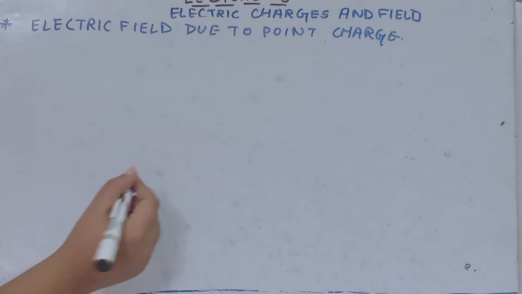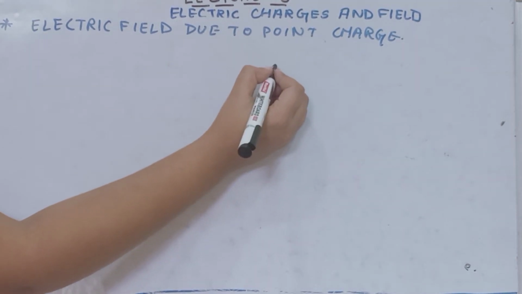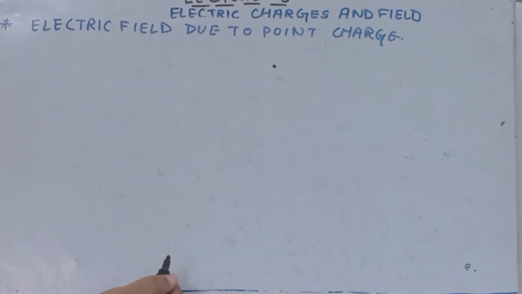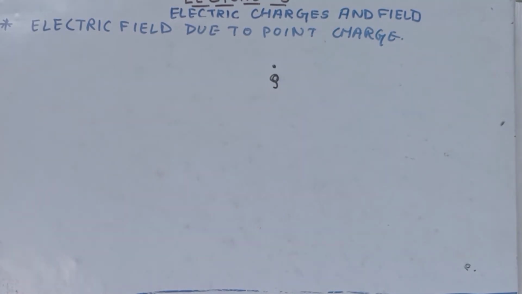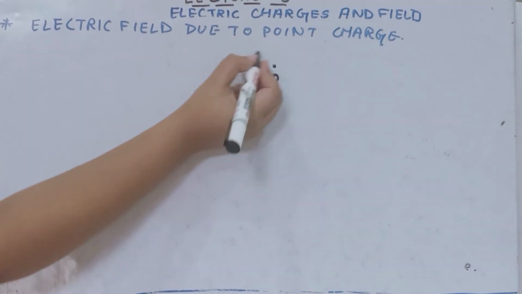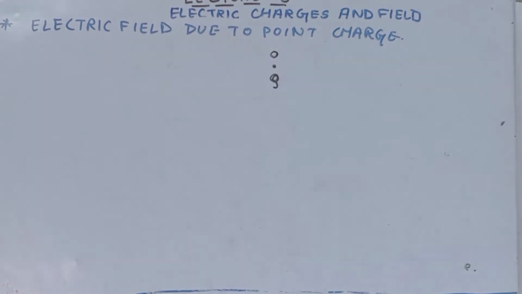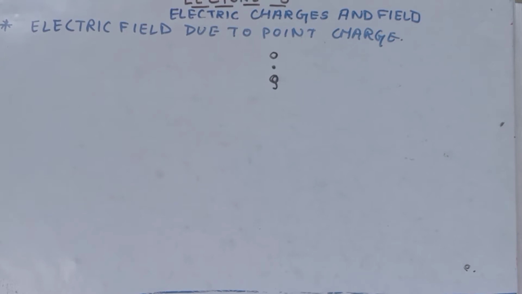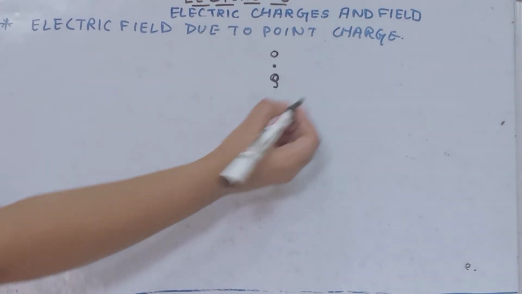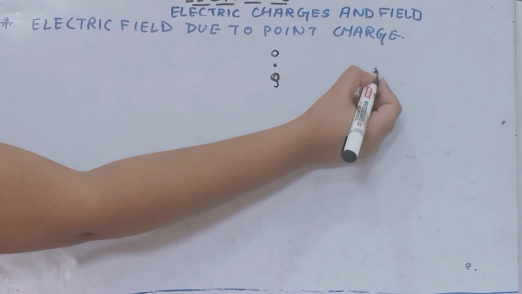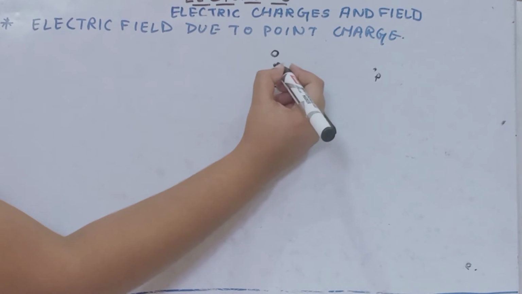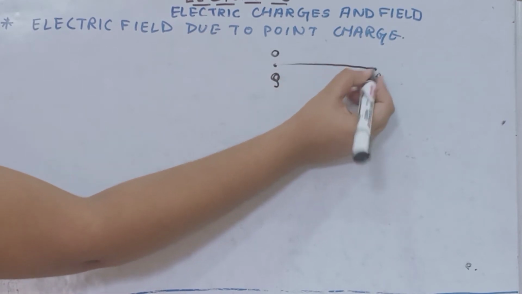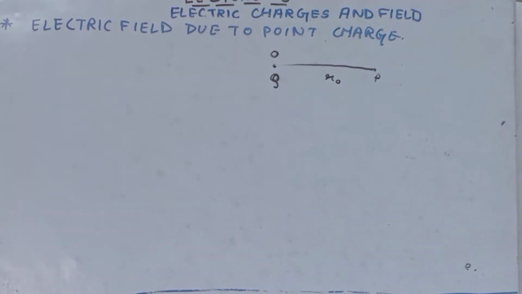So suppose we have to calculate electric field intensity due to a point charge Q, and let this position be O. Fine. And we have to find electric field intensity at a point, say P, which is placed at a distance R0 from our source charge.